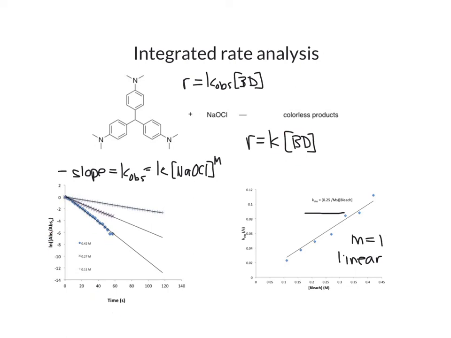And then it's first order in sodium hypochlorite in the bleach because I get a linear equation when I graph k observed versus the bleach concentration. So it's linear. And my k value is 0.25 per molar second.